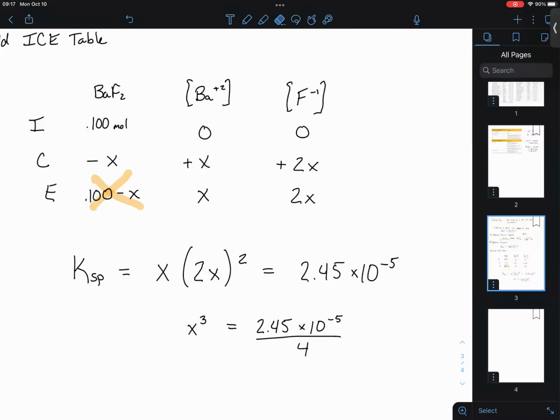And then in order to get x, I'm going to have to take the cubed root of both sides. All right, so I'll give you another 30 seconds here to finish this off.